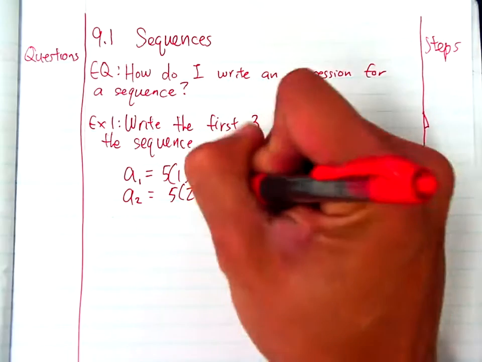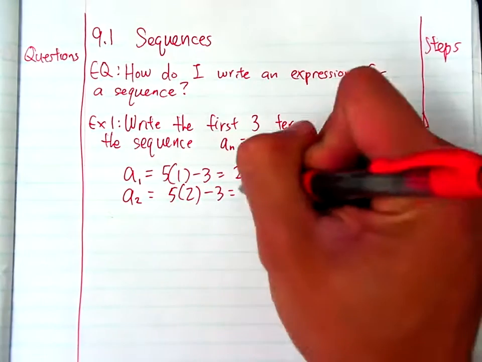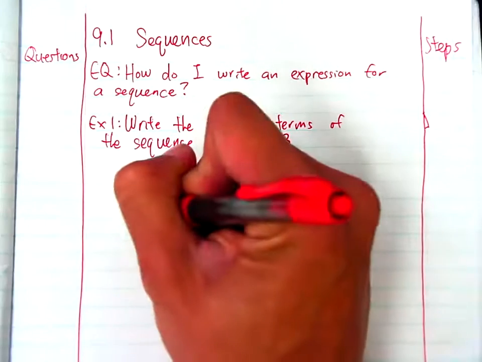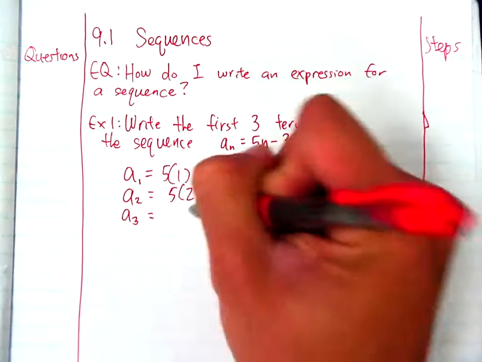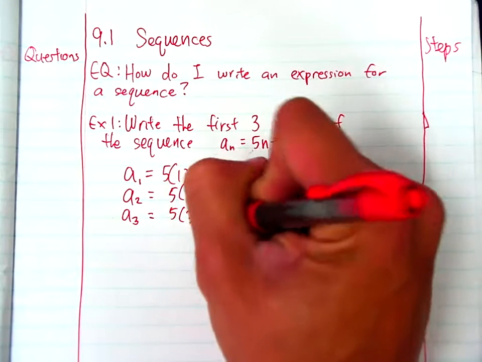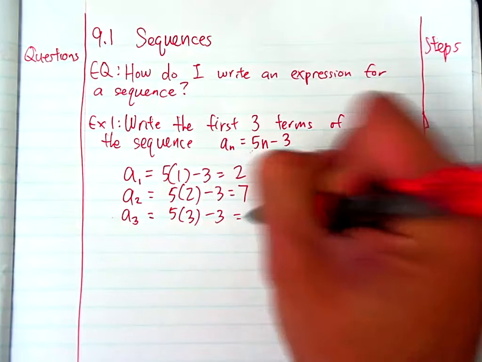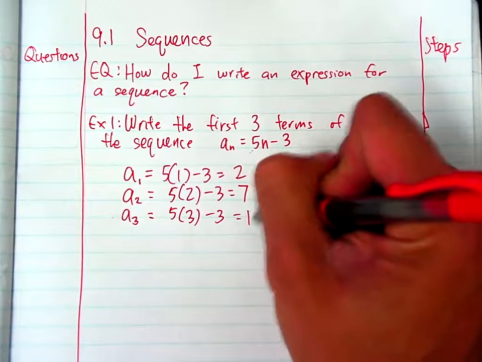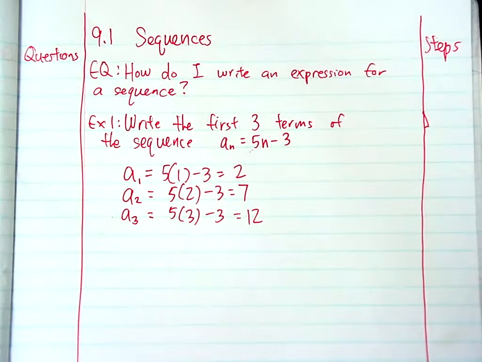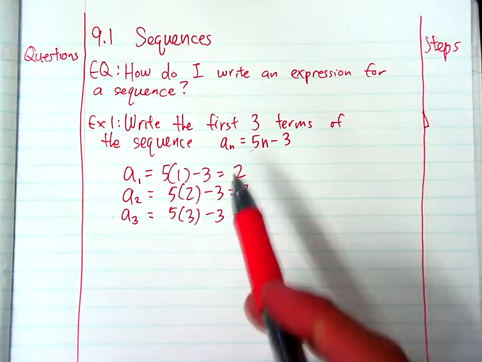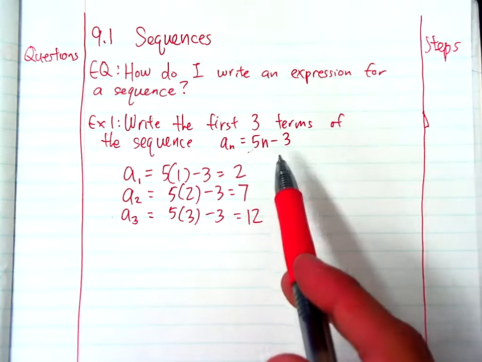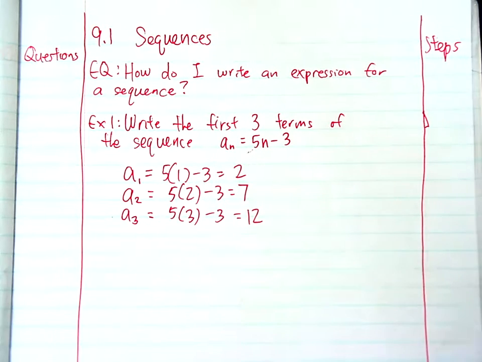So 5 times 2 minus 3. So that's 7. And then a sub 3 is 5 times 3 minus 3. And that is 15 minus 3. So that's 12. And I'm pretty much done. So again, this is the rule for my sequence, and these are my first 3 terms.